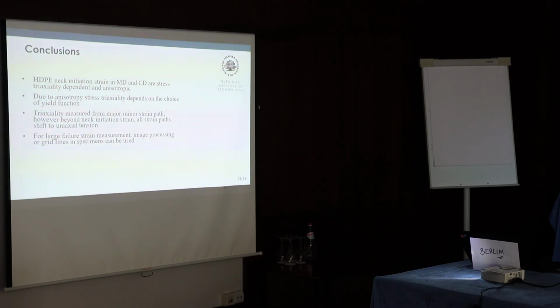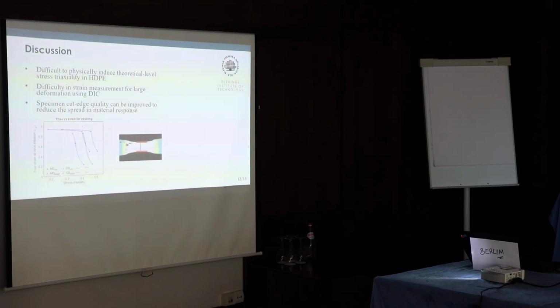Also, one important takeaway is that as we go to higher deformation, the stress triaxiality actually shifts from what is theoretically expected towards uniaxial tension. Theoretically, in uniaxial tension it should be 1/3, in plane strain 0.57, and shear close to 0. We have seen that this is not the case.